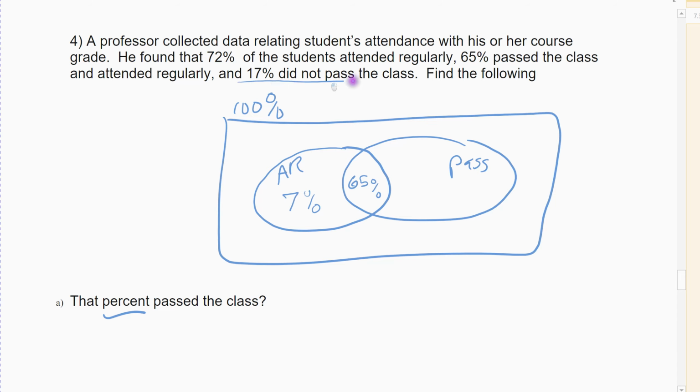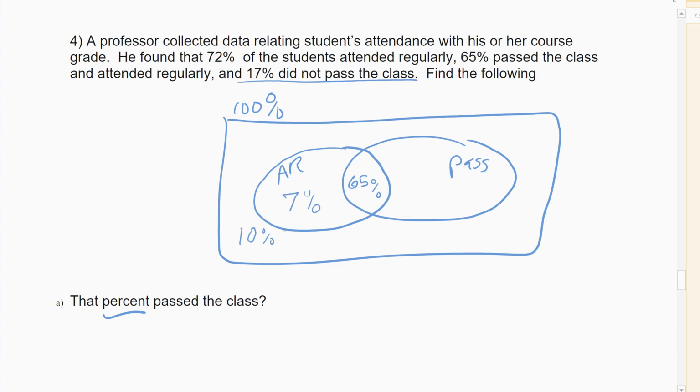The last piece of information they gave me was not the passing circle, but those who did not land in the passing circle. 17% did not pass, so 17% land outside of the passing circle. And there are two areas outside of the passing circle. There's the 7% who did not pass but attended regularly, which leaves this outside area as 10%, if this has to add up to 17. 17 didn't pass, 7 of it is here, 10 did not pass and did not attend regularly.